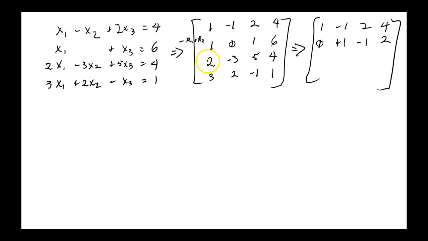That 2 needs to become a 0. So what we need to do to make the 2 a 0? Using the top row, that leading 1, negative row 1, -2 times row 1, plus row 3. Right? That'll do it. So what will that give us? 0, -1, right?